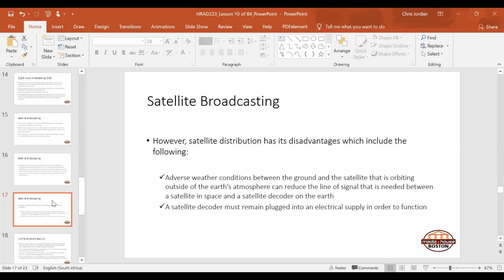However, satellite distribution has its disadvantages, which include the following: adverse weather conditions between the ground and the satellite that is orbiting the Earth, and the satellite decoder must remain plugged into an electrical supply in order to function. If you've got DSTV in your home, I've seen this with my parents a lot.